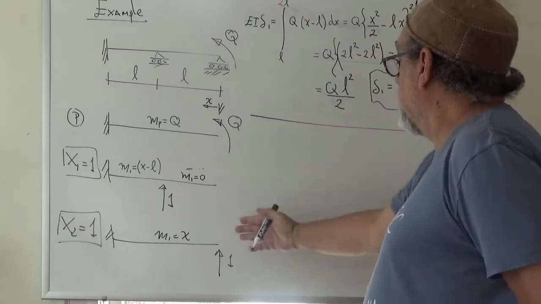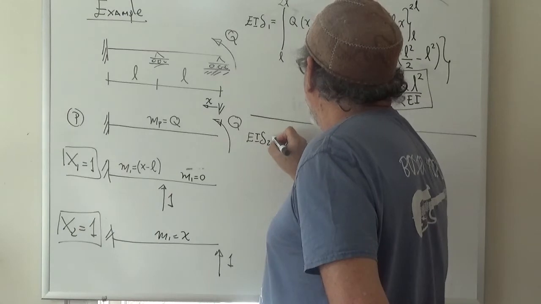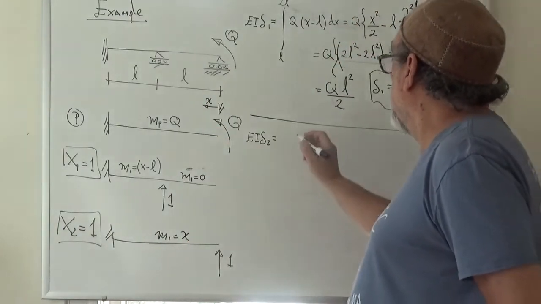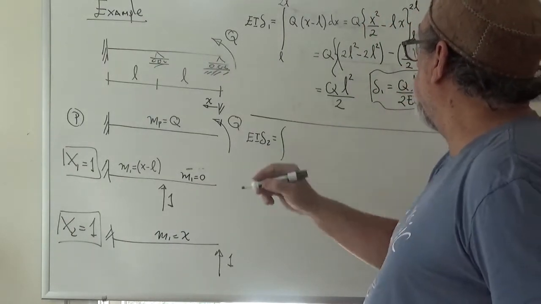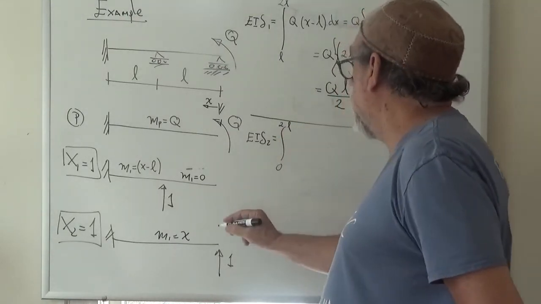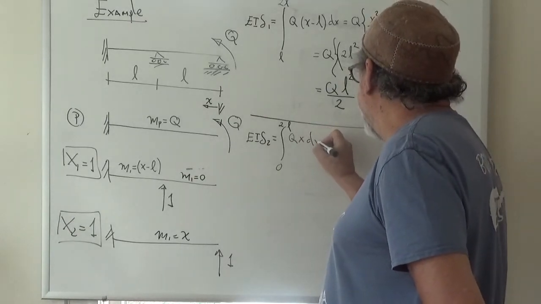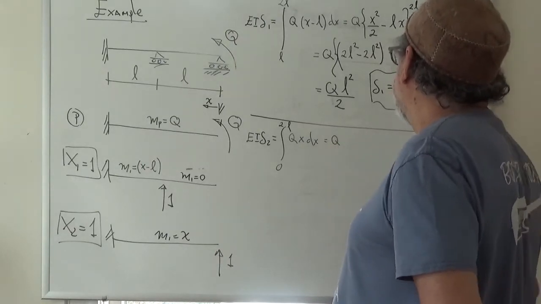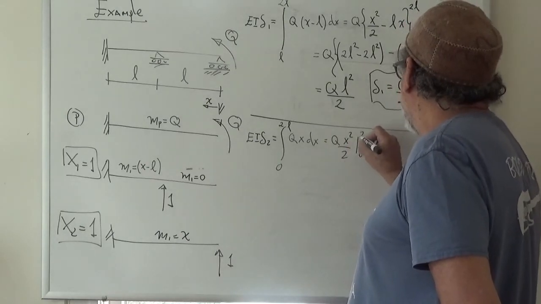Now we calculate delta 2. So EI times delta 2 is the integral of the P sketch times the x2 equal to 1 sketch. Integral, in this case, they both go from all the way from 0 to L, or 2L. So I can go from 0 to 2L of Q times x ds, but that's just dx. So that's just Q times x squared over 2 between 0 and 2L.